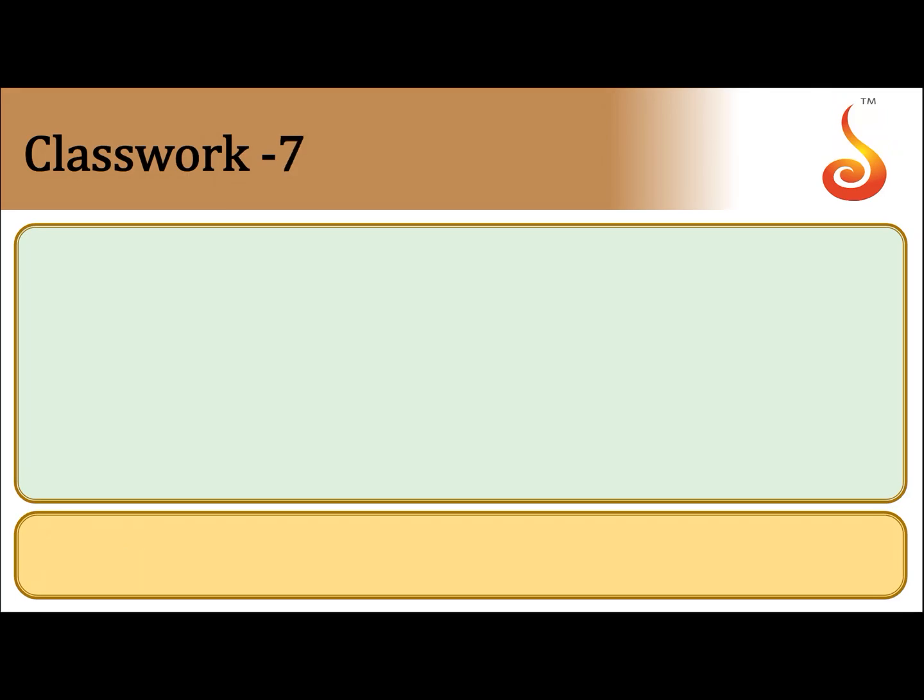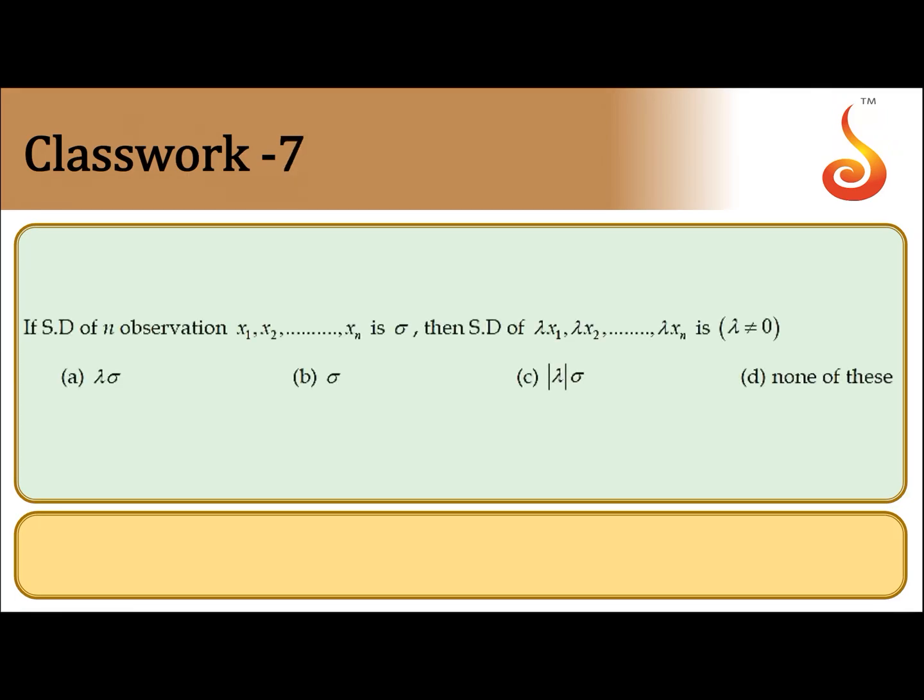Coming to the next one. The standard deviation of n observations is sigma, then the standard deviation of lambda times lambda 1, lambda 2, lambda 3.